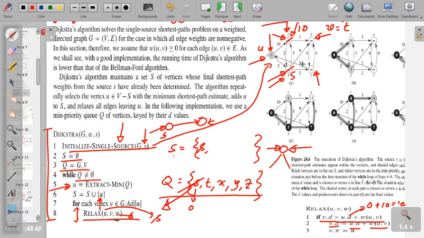Right? So it is extracting the minimum weight of this vertex, so that the distance, we are maintaining this distance.